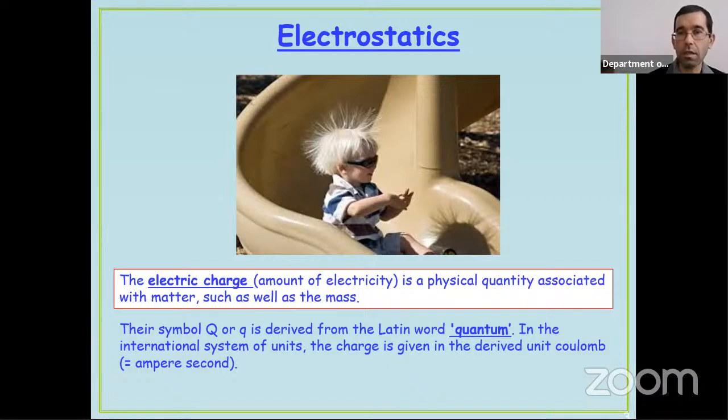Later on, a few hundred years ago, people realized that lightning also represents a kind of realization of electricity. So they used it to understand the phenomenon of electricity.